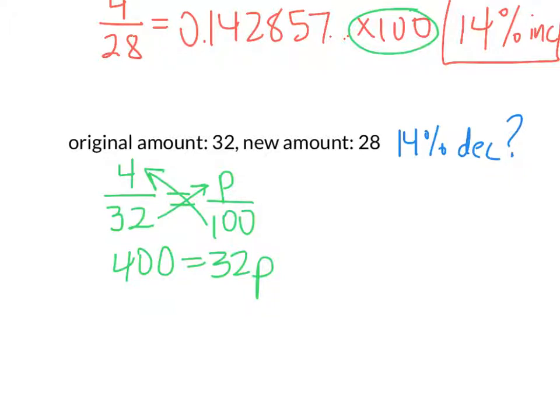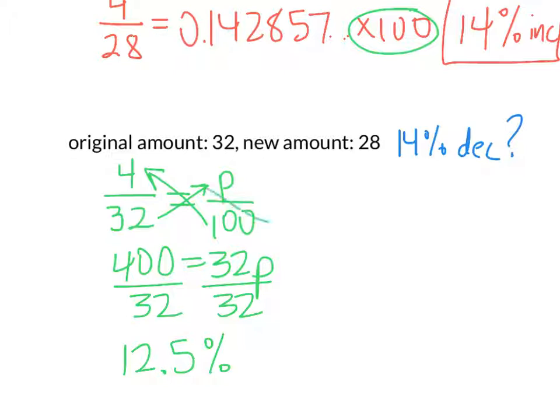You could have put anything there, x, it wouldn't have mattered. And now we isolate p by dividing both sides by 32. So when I divide 400 by 32, I get 12.5%. Now remember, I don't have to multiply it by 100 because I already multiplied by 100. And that's the amount of decrease. Again, I can see that I go from a bigger number to a smaller number, so that's a decrease.